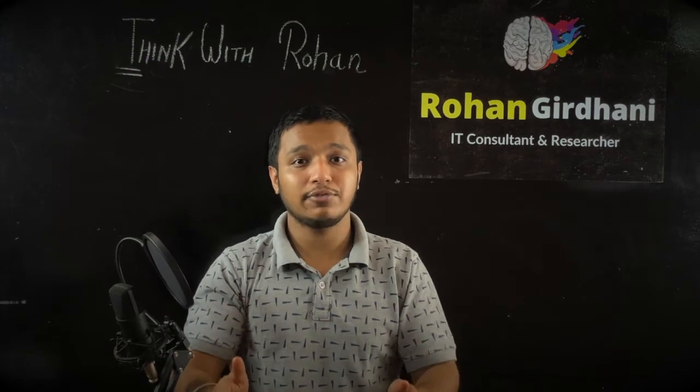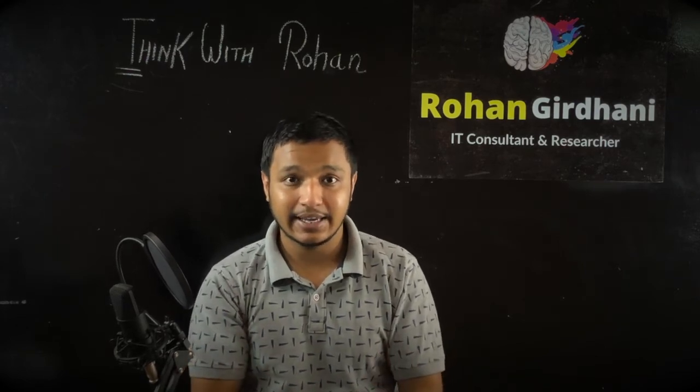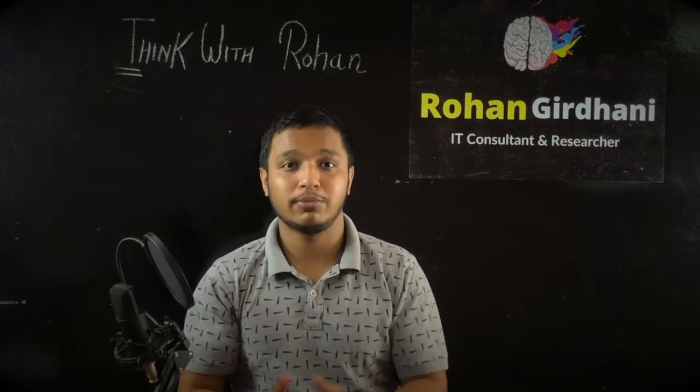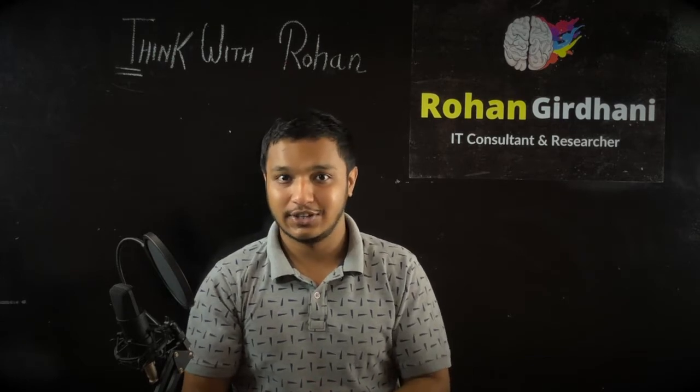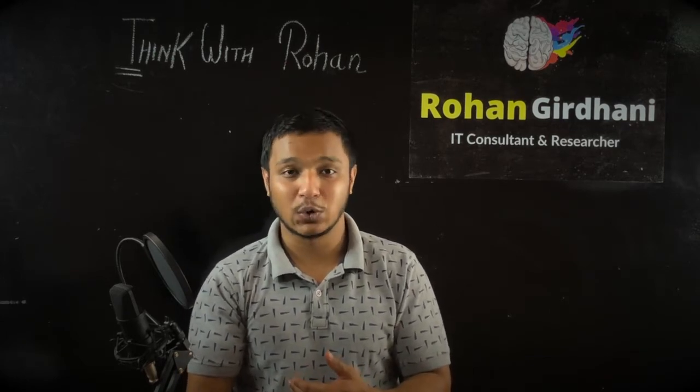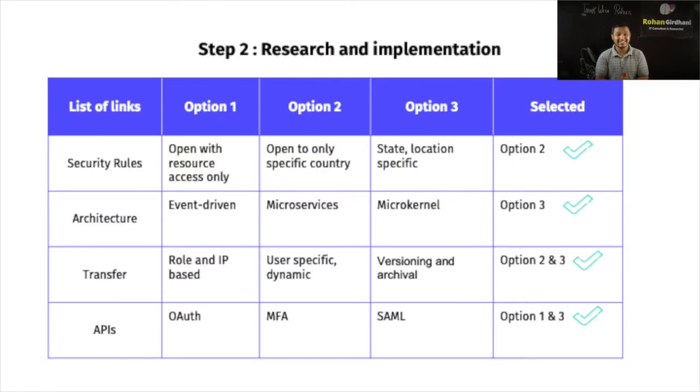So now you have your security links ready, that is, where the problems are in your product or your architecture. Let's move to step number 2, which is research and implementation. Now that you have the issues, you need to research the best possible combination to be implemented on your product, as every implementation would be done at different points in the timeline.